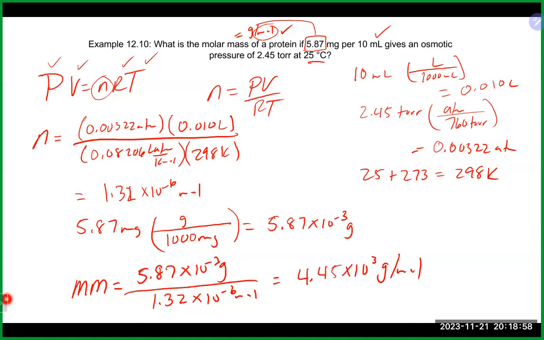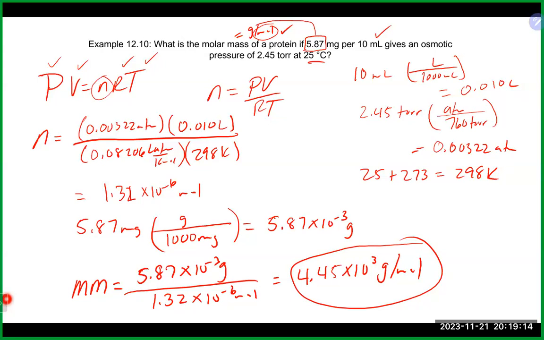That's like 4,400 grams per mole, which would be our molar mass of our protein. It's a protein, so it's probably pretty big, so it has a pretty large molar mass.